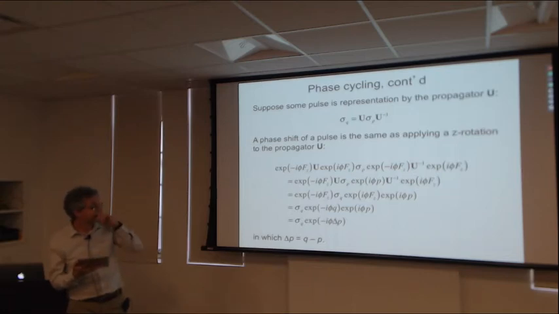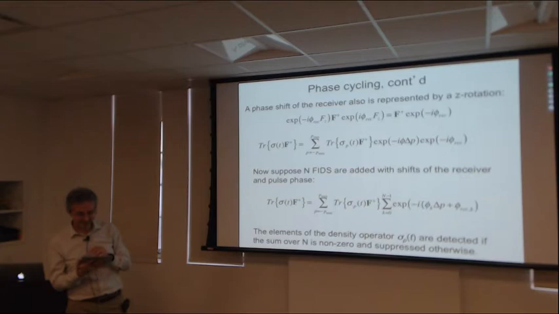And now, this is saying the same thing. And this simply says that if we keep track of the phase shifts through the whole experiment, we just need to shift the phase of the receiver so that this becomes unity.